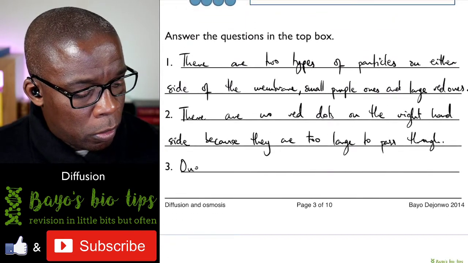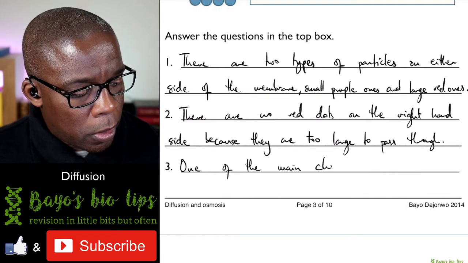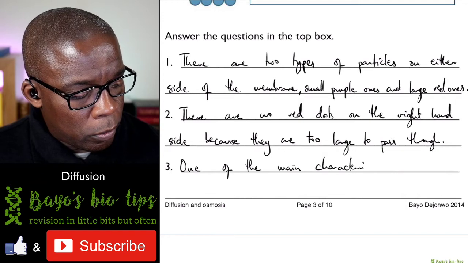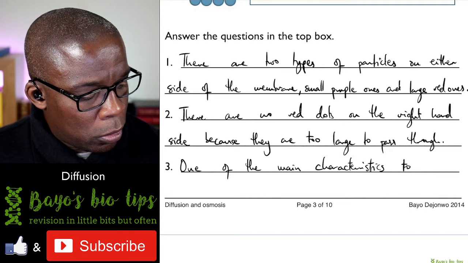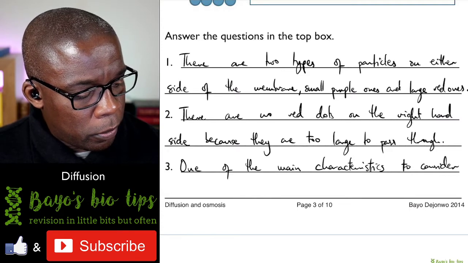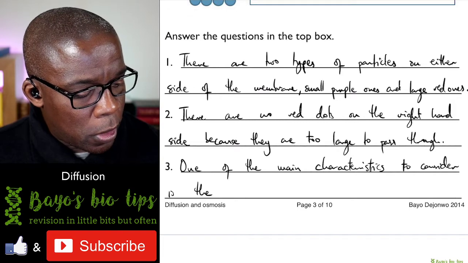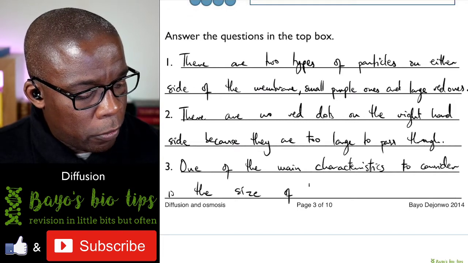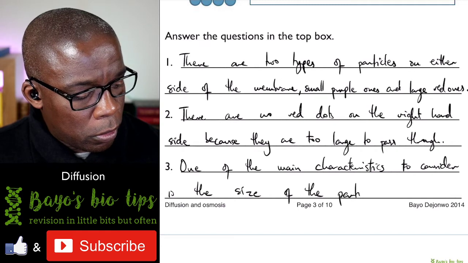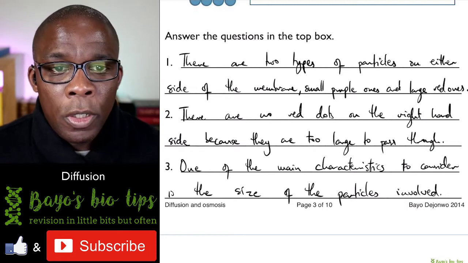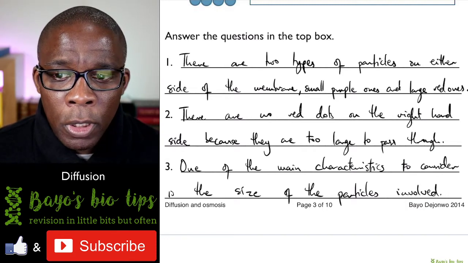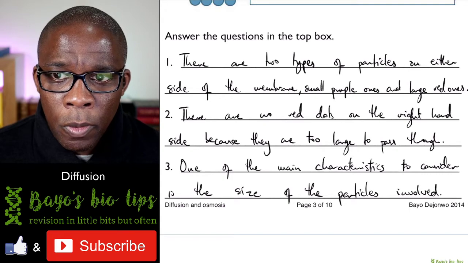So one of the main characteristics to consider is the size of the particles involved. So as you saw, only the smaller particles were able to pass through, whereas the larger particles were too large and couldn't get through.